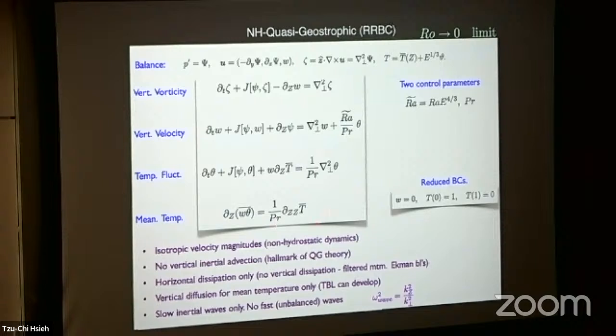The only place we see a vertical diffusion term, as we saw last lecture, is in the mean temperature field, and we motivated that. It's convection, so we need a flux feedback to mix the fluid and change the background temperature gradient.